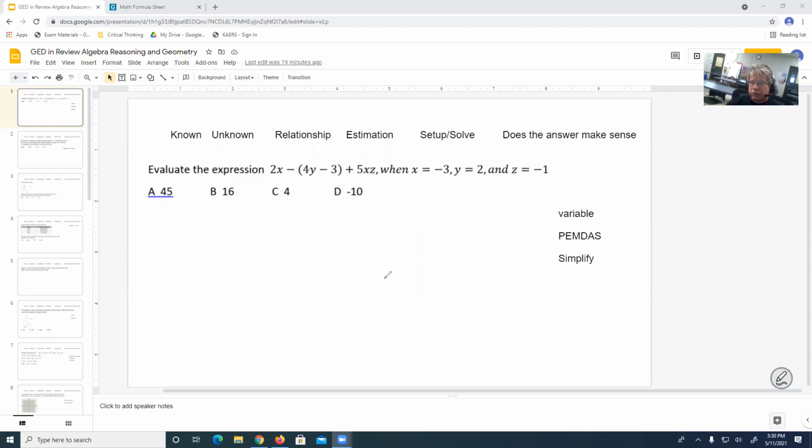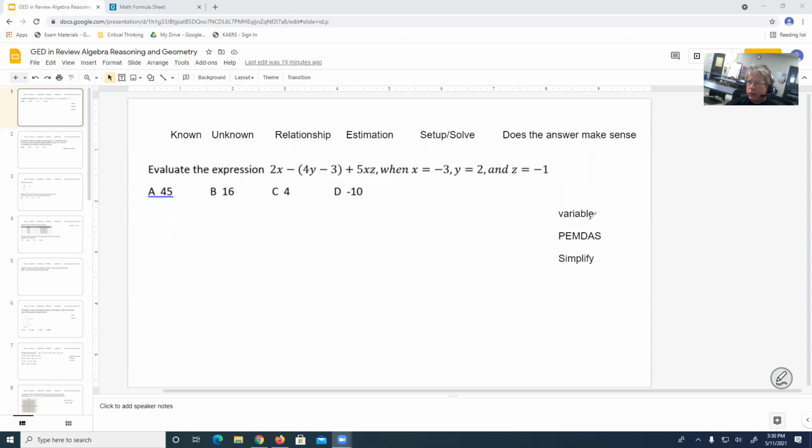So let's look at this first problem here. Evaluate the expression 2x minus the quantity 4y minus 3 plus 5xz when x equals -3, y equals 2, and z equals -1. So again, we start to see these letters appear.